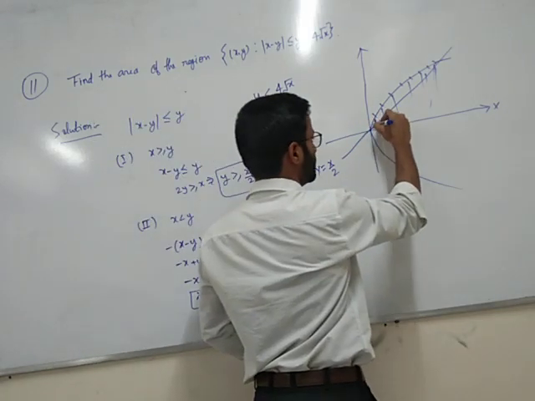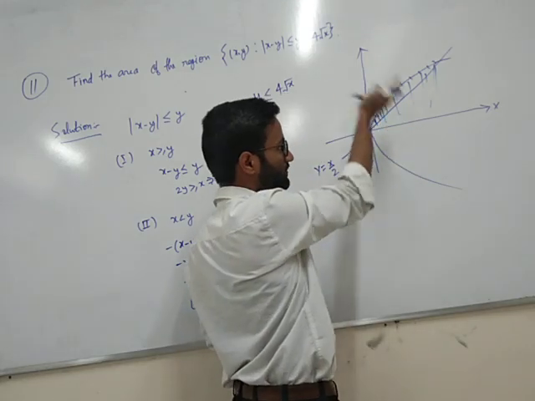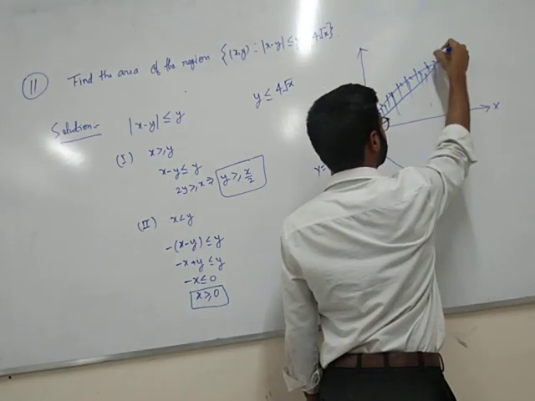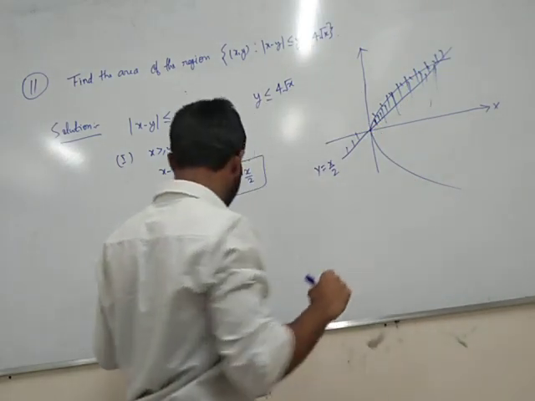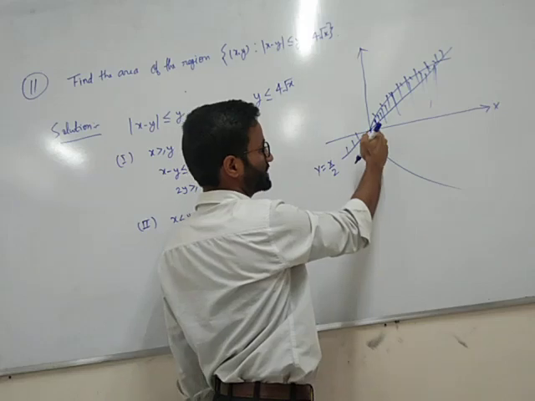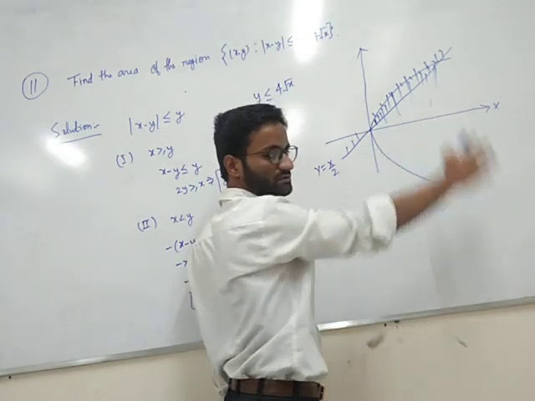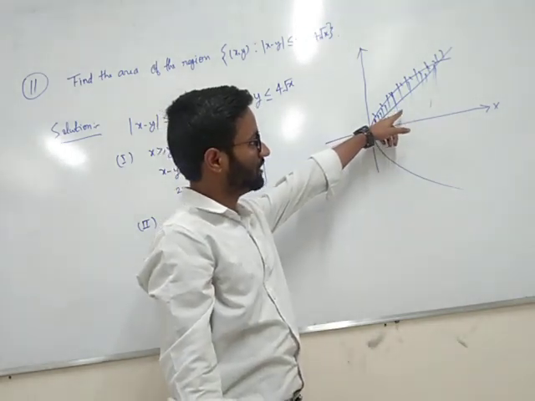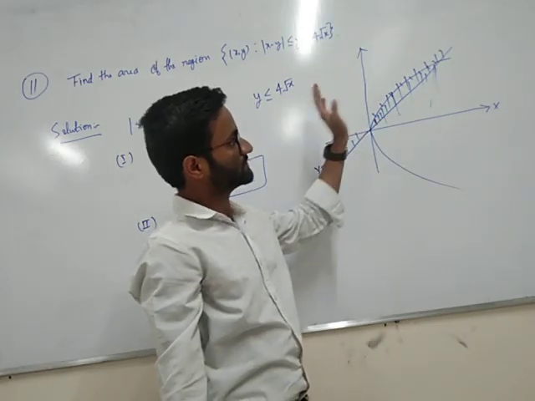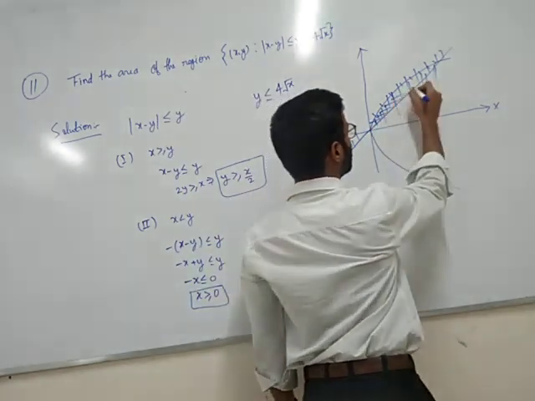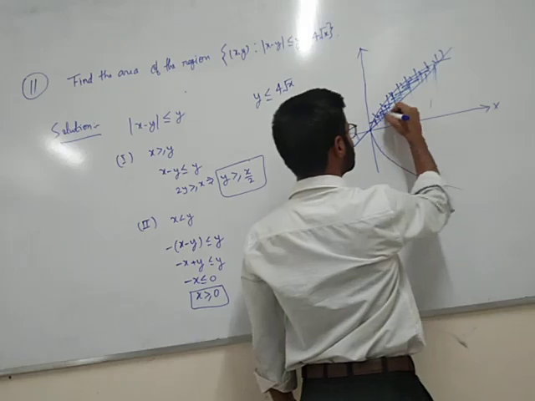So it means the part above this line. And x is greater than 0 means the part which is lying on the right side of this. Okay. So this is the part, and we have to find out the area of this part.